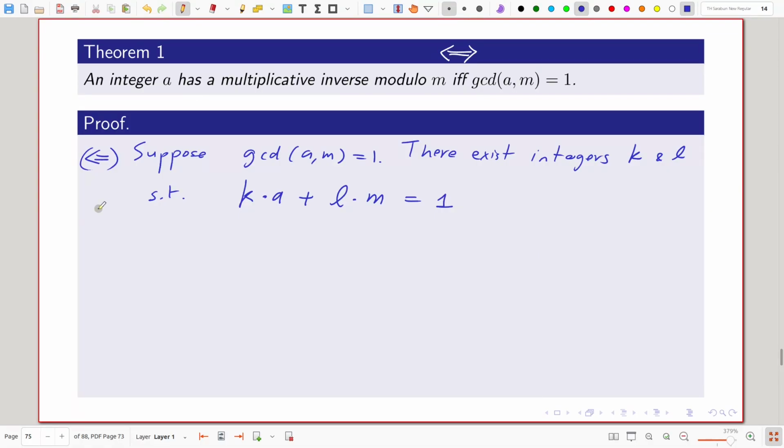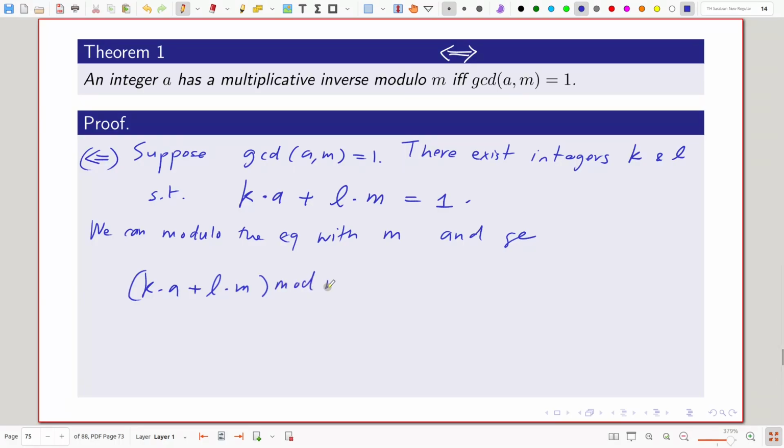Okay? So if we take modulo M of the equation, we get K times A plus L times M mod M. This is going to be K times A mod M, right? Because L times M mod M is 0.